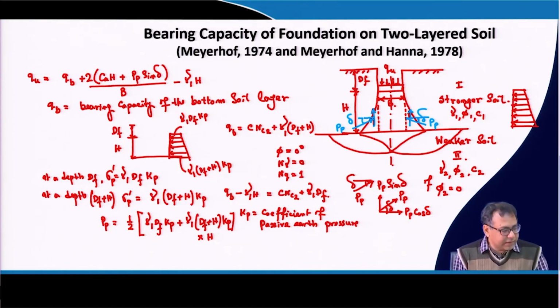So, finally, I can write that this value will be half, and we can take h and gamma 1 outside. Let me first take that one.